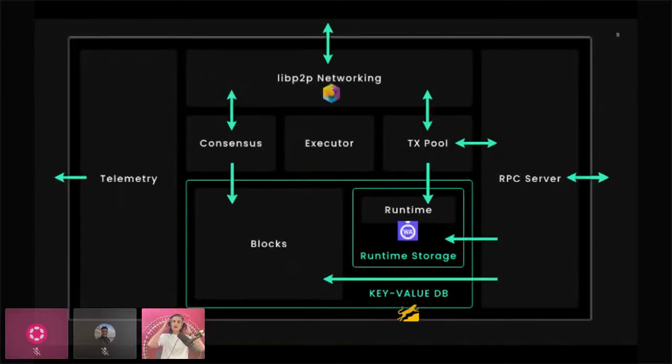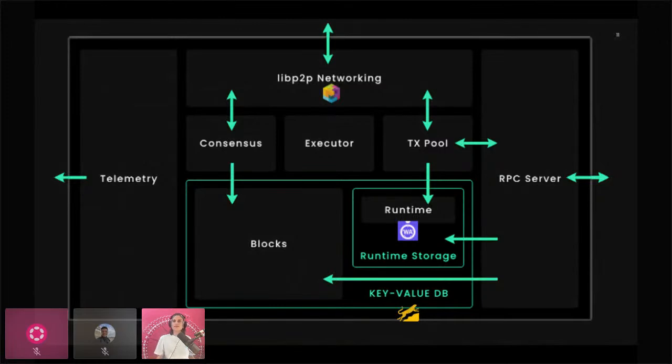So a Substrate node essentially looks like this in terms of these core components that I just described. Hopefully this might answer your question. Let's focus on where it says the runtime storage.